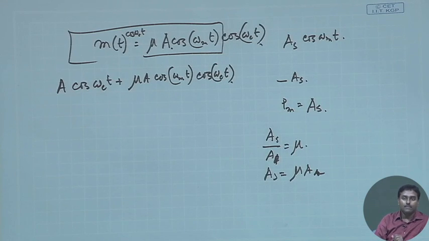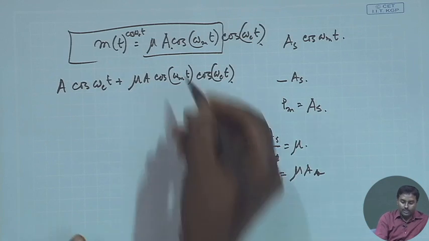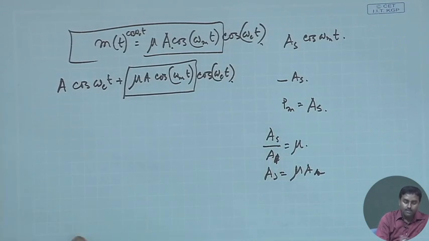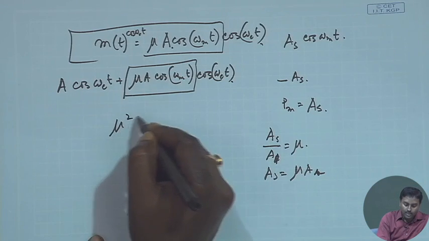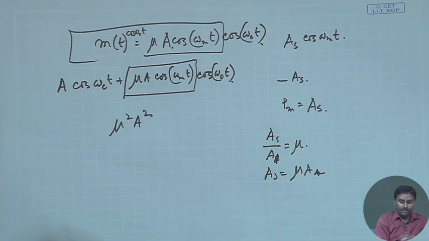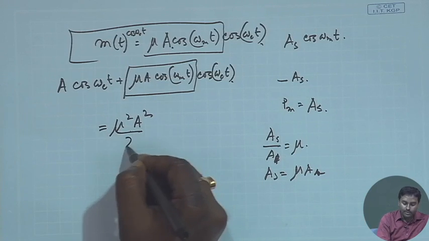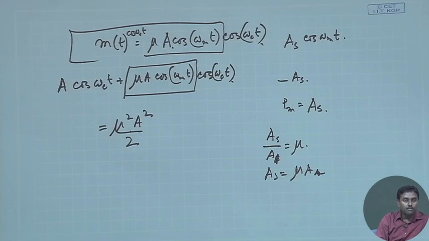Again, we are demonstrating a tone modulation. In this case, for the message signal, which is this part, what is the power of it? It is mu square A square divided by 2, that is the power of the message signal.